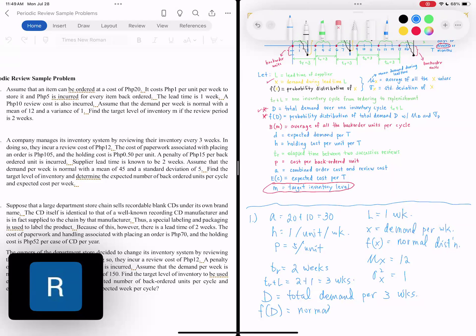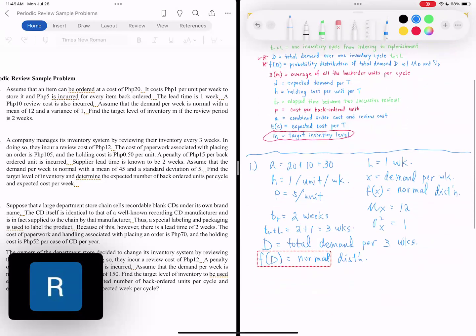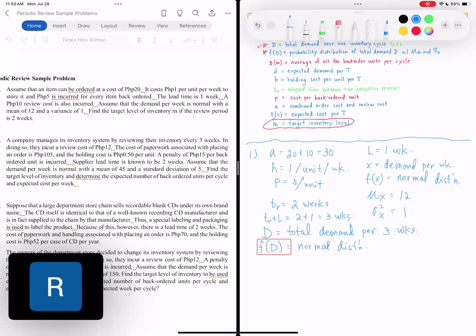And if it is also normally distributed, it should have a mean also, and I will put a subscript here, the mean of your total demand per 3 weeks. You have to calculate that from the demand per week, so let's put it here, 12 per week, and this one is 1 per week.